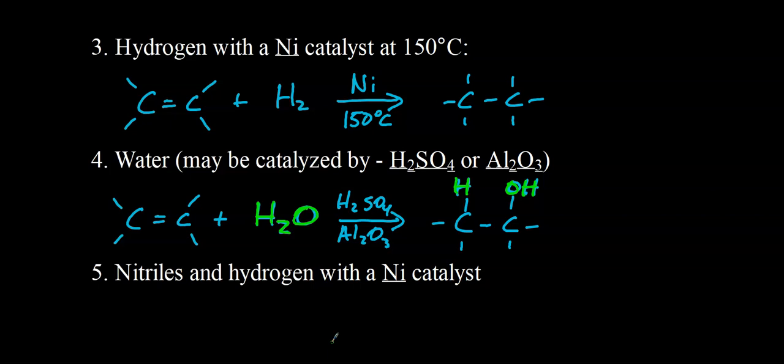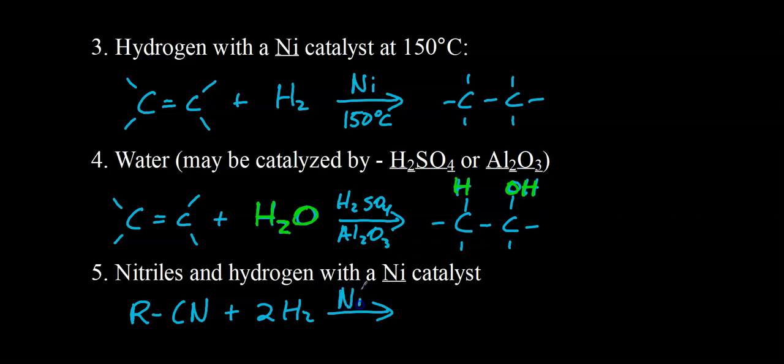All right, lastly, we have a reaction between a nitrile, I'll show you what that is in just a second, and hydrogen. This also occurs in the presence of a nickel catalyst. I mentioned before that we can use R to represent carbon chains, so one or more carbons. A nitrile has this functional group, C triple bond N. This reaction occurs with 2 moles of hydrogen per 1 mole of our nitrile.